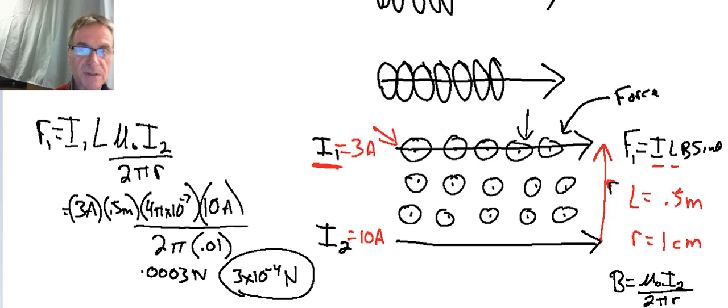So a reasonably small force, but these forces need to be taken into consideration, and it's the interaction of these magnetic fields that actually makes some of the most useful things that we have and that we use today useful, right? Electric motors. Electric motors turn because of the magnetic interactions between some permanent magnets in a motor and the magnetic field that surrounds a current carrying wire.